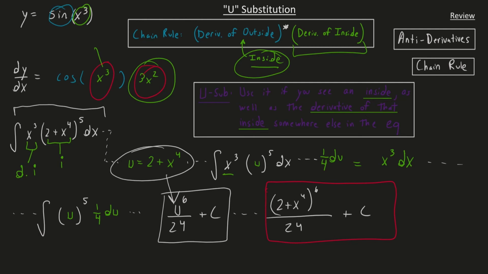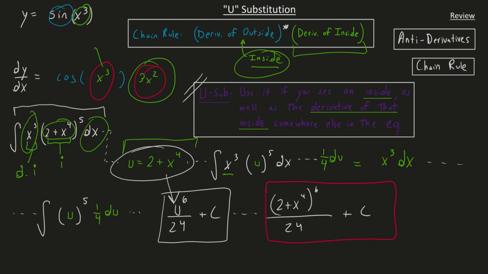And just to summarize, you use U-substitution if you see an inside as well as the derivative of that inside in your equation. So in our problem that we did, we saw an inside, and that was our u. The u is just the inside. And we took the derivative of that u because we saw the derivative of that inside.